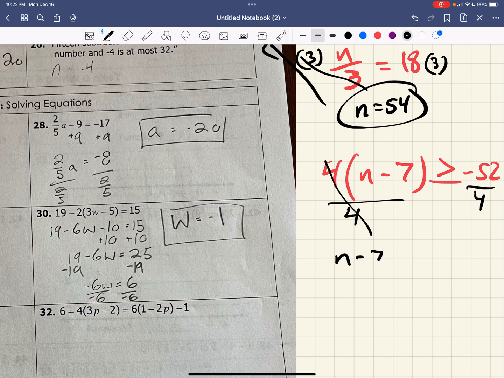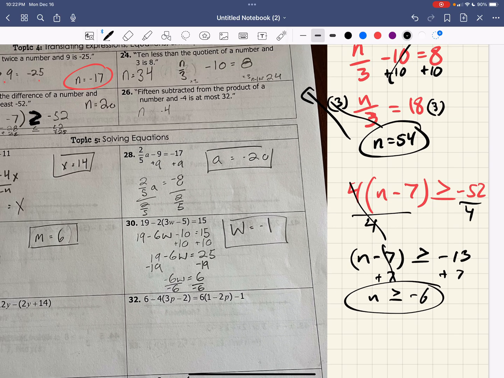So then I would end up with n minus 7 is greater than or equal to negative 52 divided by 4, okay? 48 is 12, right? 52 would be 13. So you're looking at negative 13. Add 7, and n is greater than or equal to negative 13 plus 7. You're looking at negative 6, right? There's my answer.